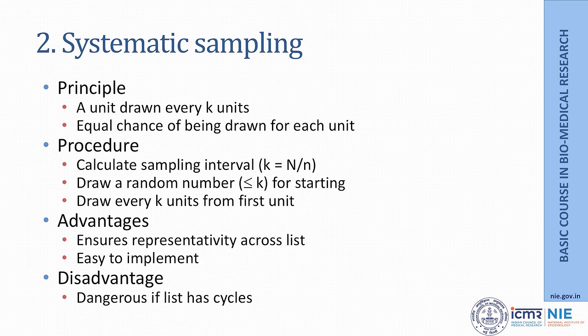So a unit is drawn and then every kth unit, with an equal chance of being selected for each unit. You calculate the sampling interval k, which is N divided by n, the sample size that you require, and you draw a random number less than or equal to k as the start, and draw every kth unit from the first unit.